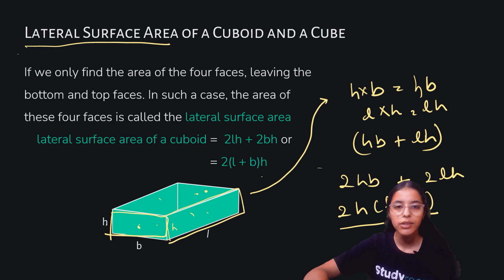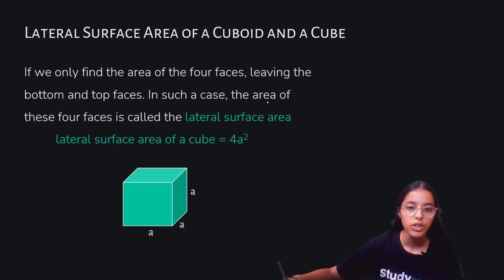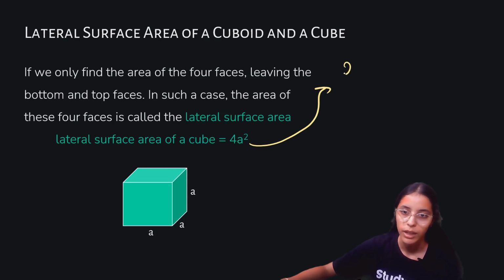To find the lateral surface area of a cube, it is the same. We only have to substitute A for L, B, and H. We'll derive this formula directly from the cuboid. It was 2H(L plus B).